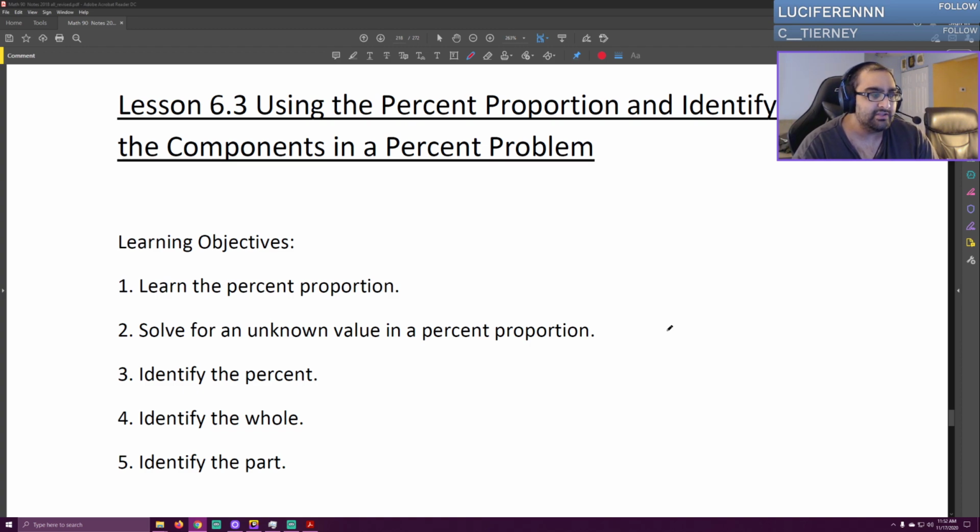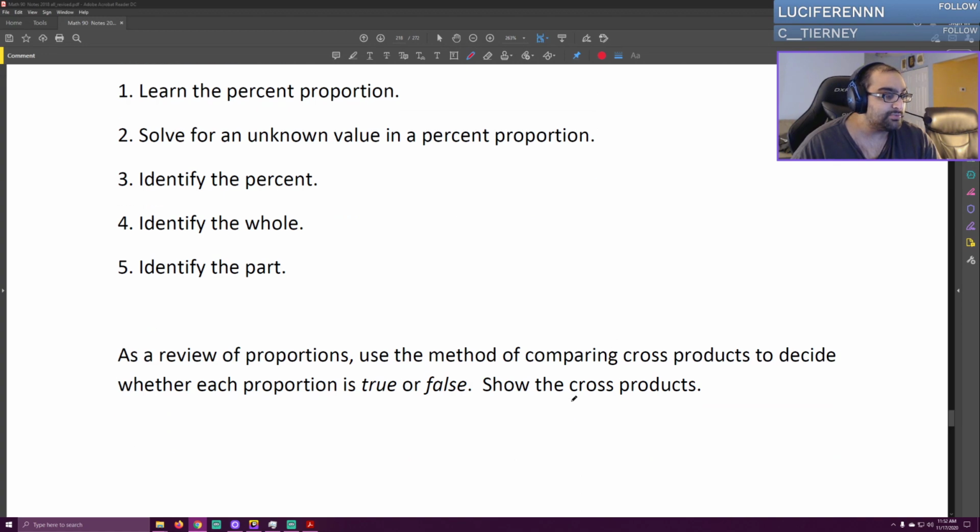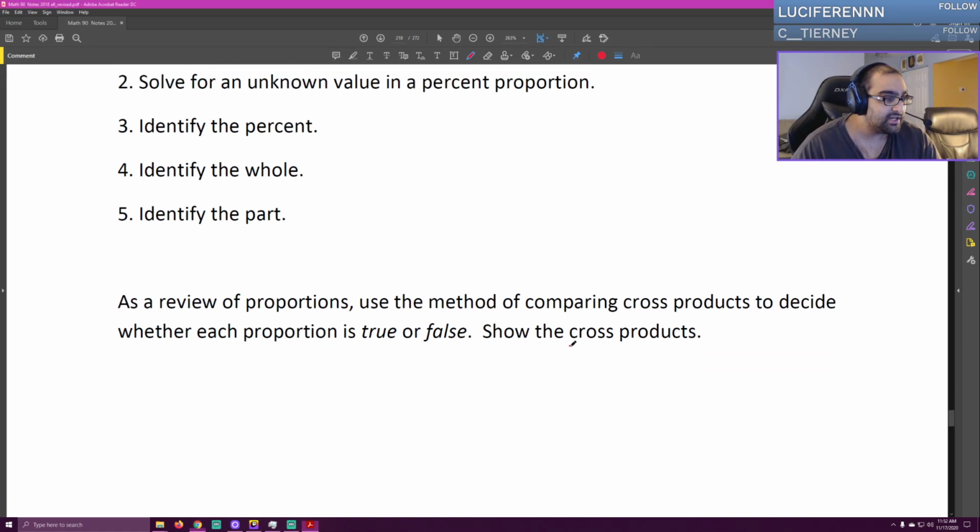When we talked about proportions, we talked about the unknown variable x, and we used a little bit of algebra to solve for that x. And the way we did that was, of course, taking the cross multiplication. Again, you'll see cross products here, but cross products means cross multiply.